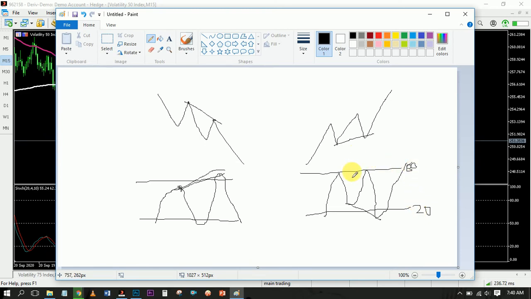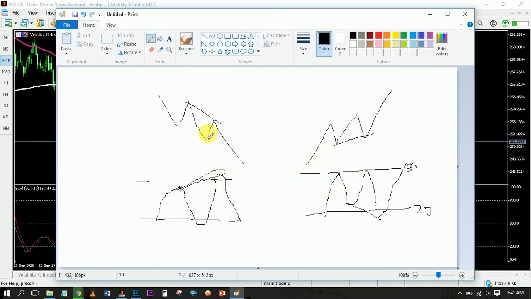I would advise that you allow the stochastic, for the bullish, to drop below your 20, which is the oversold level. Then for the bearish hidden, I advise that you allow the stochastic to also go above the overbought, which is above the 80 level.